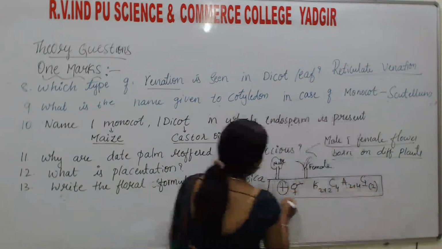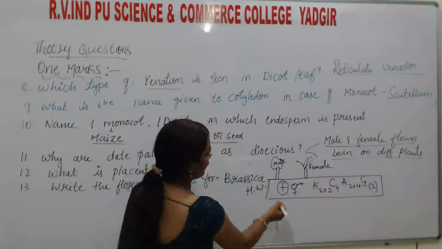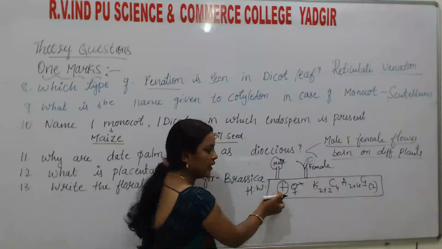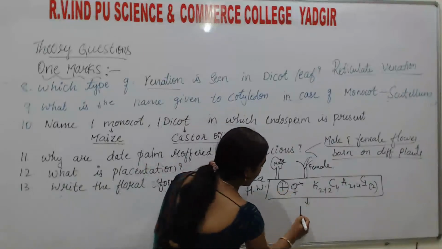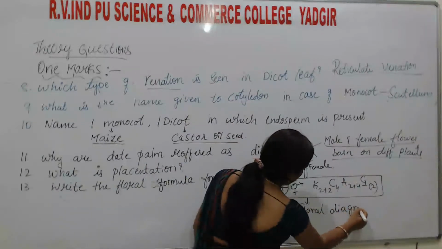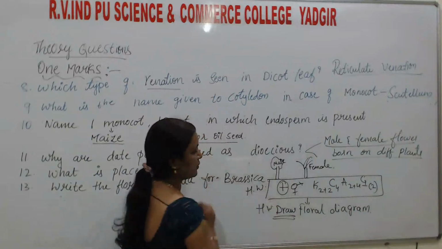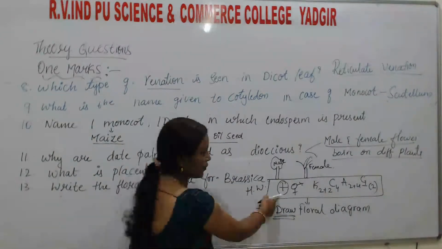And you can take it as homework also. Brassica formula I have written here. You draw the floral diagram for this. The floral diagram is your homework or assignment. Okay, floral formula I have given.